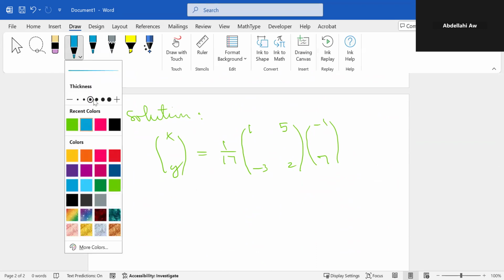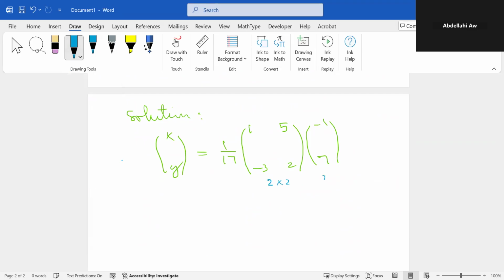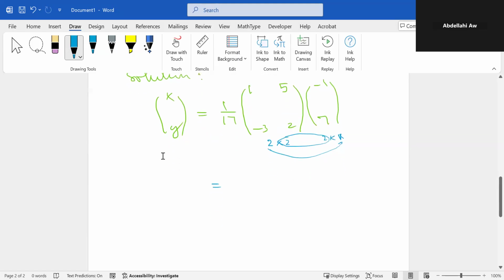So now, if you recall how to multiply matrices, the size, right? This one is 2 by 2. This one is a 2 by 1. These two match, so the product is possible. And the size of the product will be 2 by 1. Now, because 1 over 17 is not an easy number, I leave it out for the moment. I just do the product.